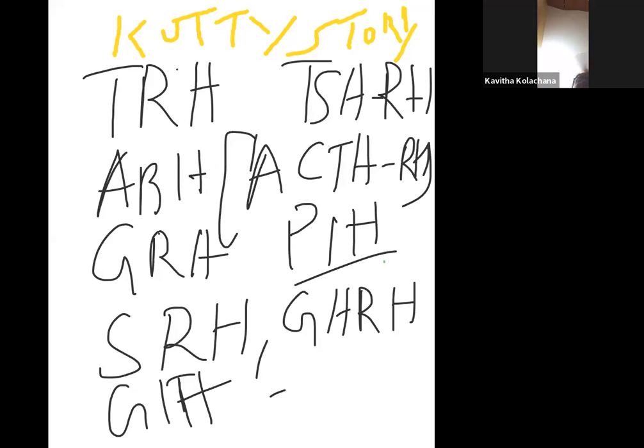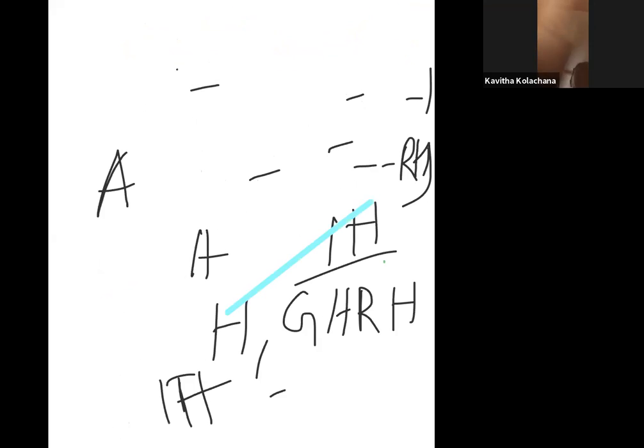Now we'll go to the first gland, which is the pituitary gland. Where is the pituitary gland located? What is it called? You already told me it is the master gland. What is the size of the pituitary gland?